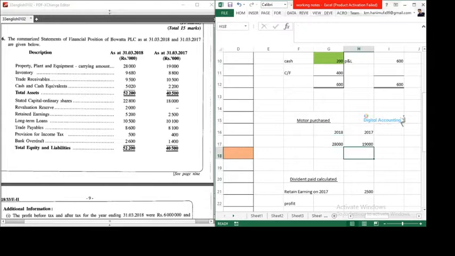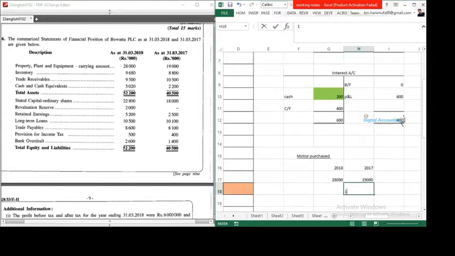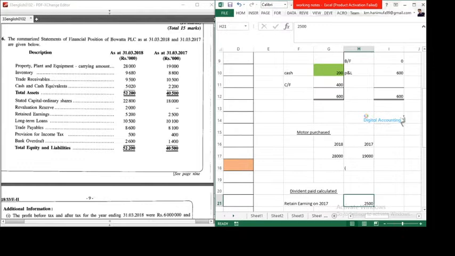The depreciation is 1,250. We need to deduct this value, 1,250.